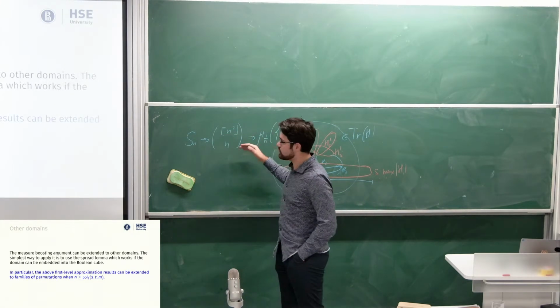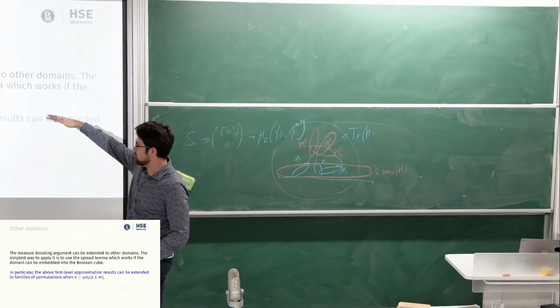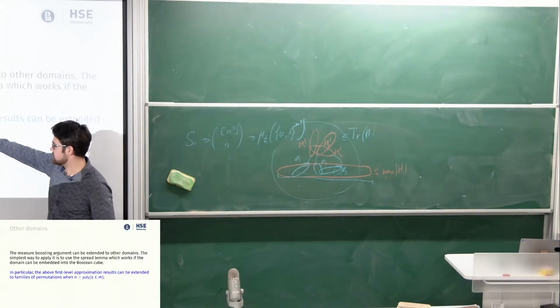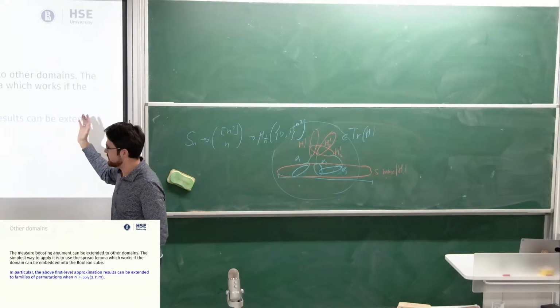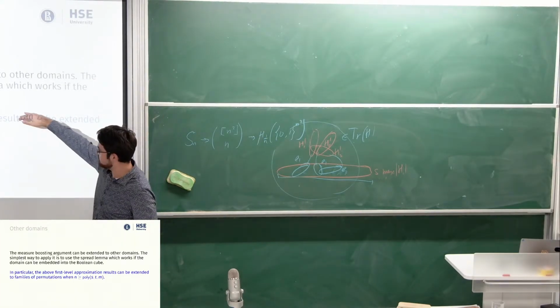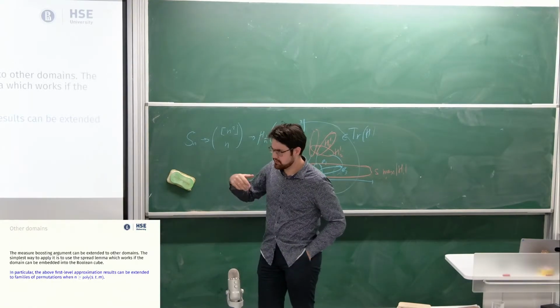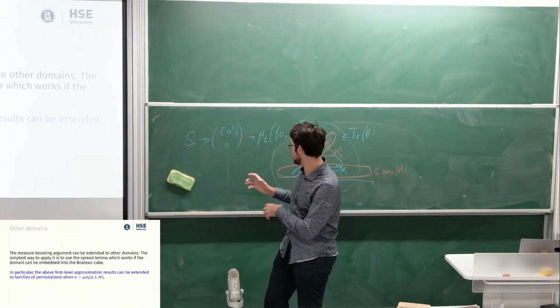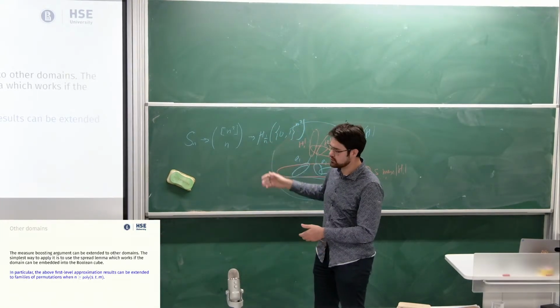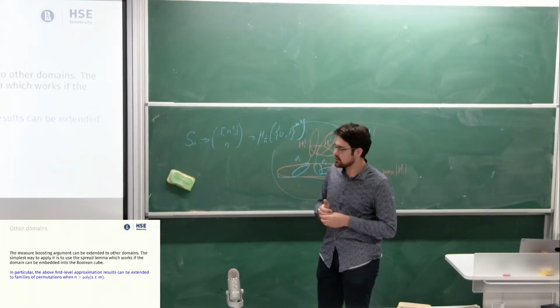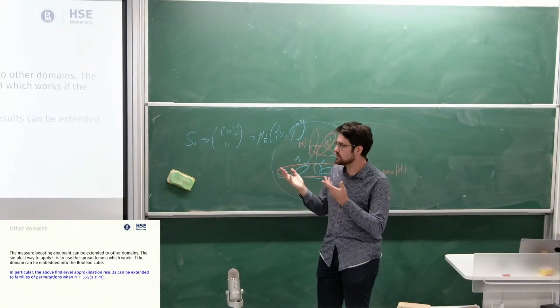But you definitely could embed it, in general not on the symmetric group but something else. If you are lucky enough, you can embed it into the p-biased Boolean cube, and it will be useful because you can use a measure boosting argument for the Boolean cube, and it works. But it depends on the domain.